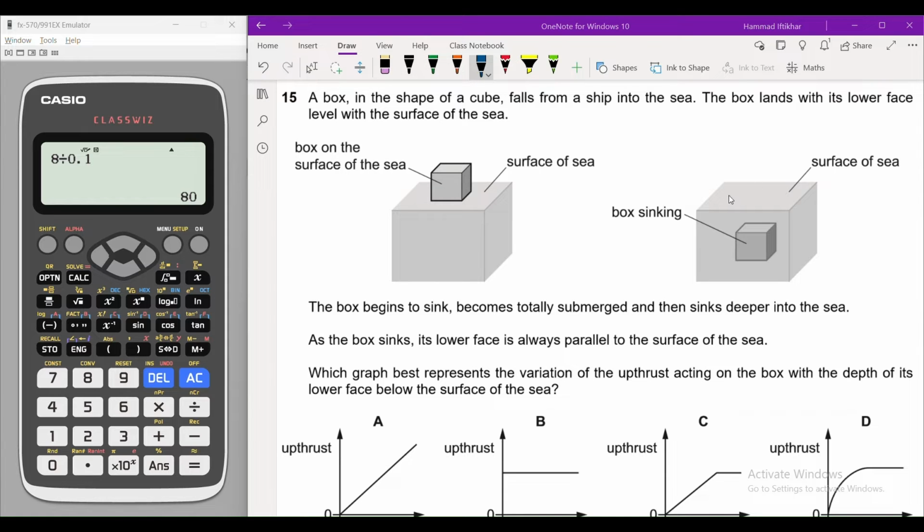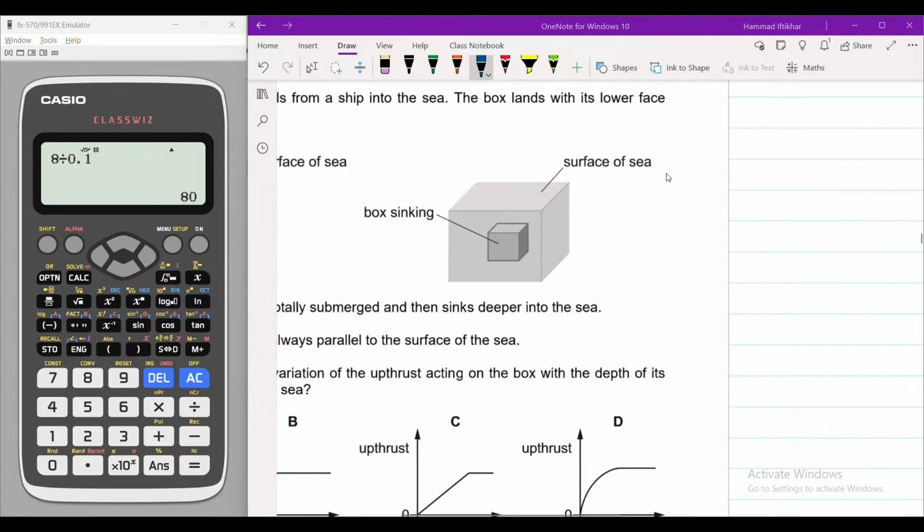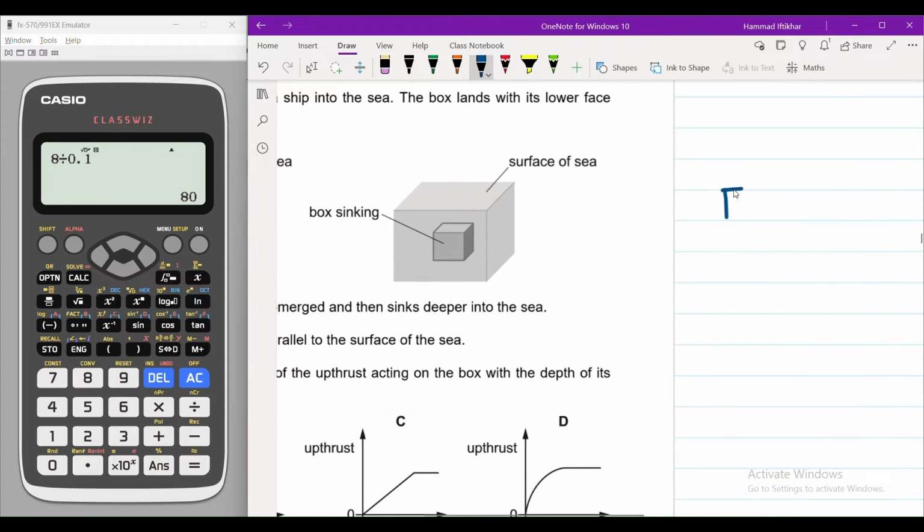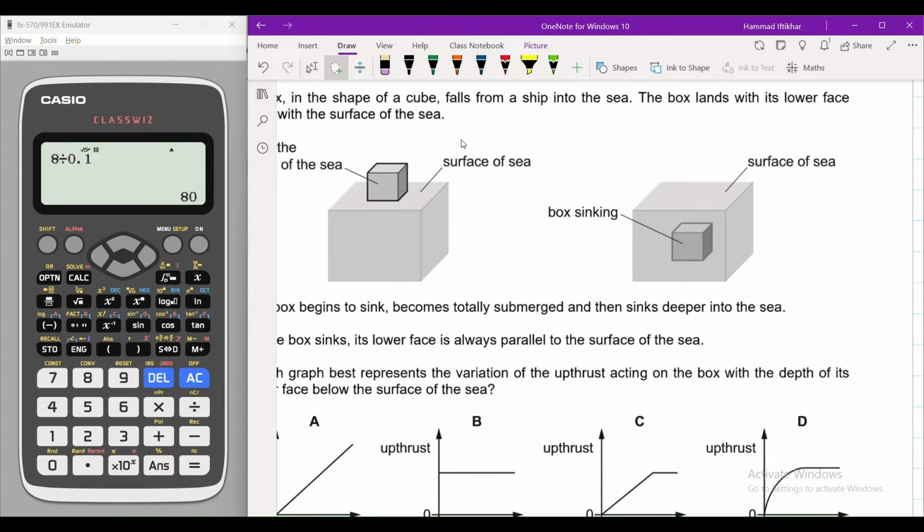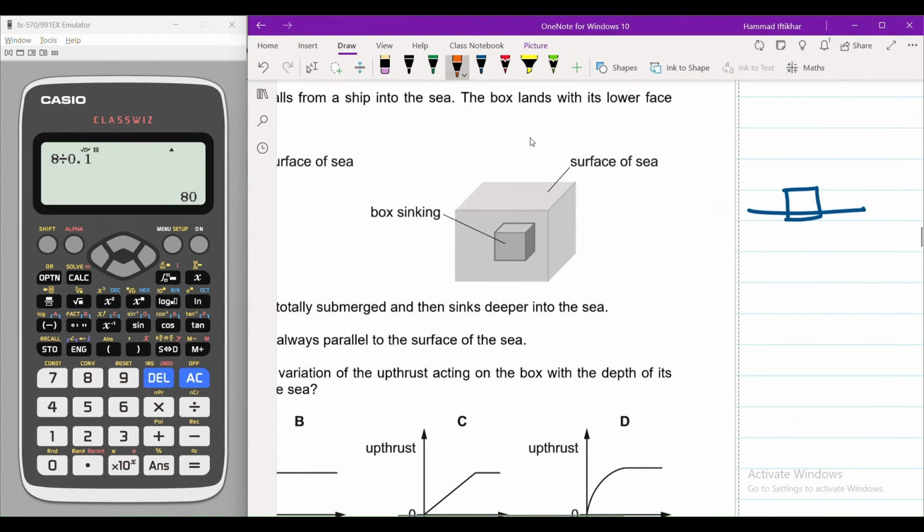Now, when we start off from the box starting at the surface of the sea, there's almost zero upthrust. When it starts to go a little bit deeper, the upthrust starts to increase due to the volume displaced increasing.